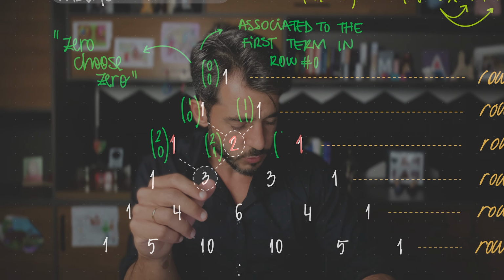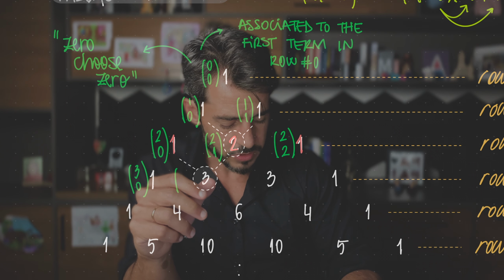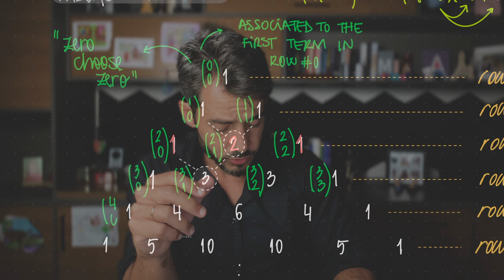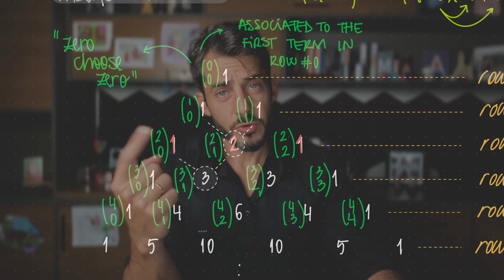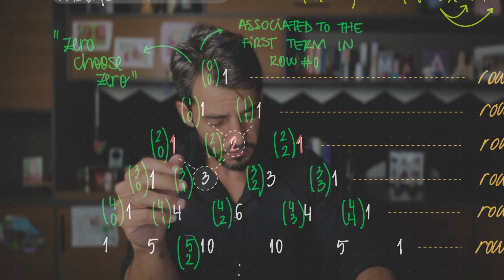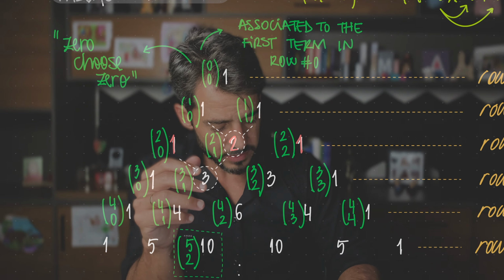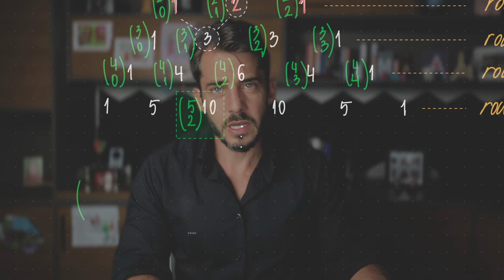Now, one thing that we still need to address, because we didn't mention it yet, and I'm going to do this until row number 4, is how to go from, for example, let me just do one more over here, 5 choose 2 to 10. And this is something that we do a lot in probability and combinatorics.